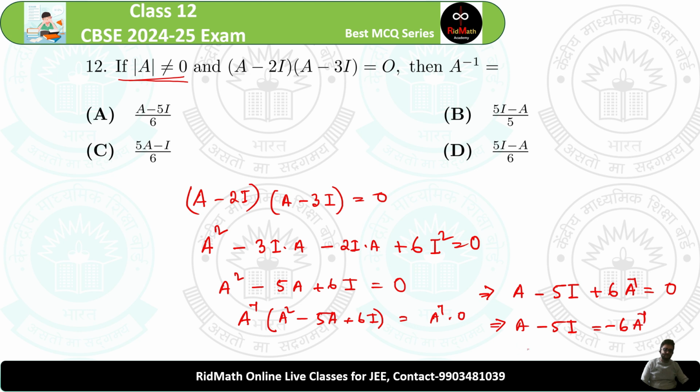So A inverse is equal to 1 by 6, and we are multiplying the minus, that is minus A plus 5I. So 5I minus A by 6. So what is the answer? 5I minus A divided by 6. D option is correct. Okay, next problem.